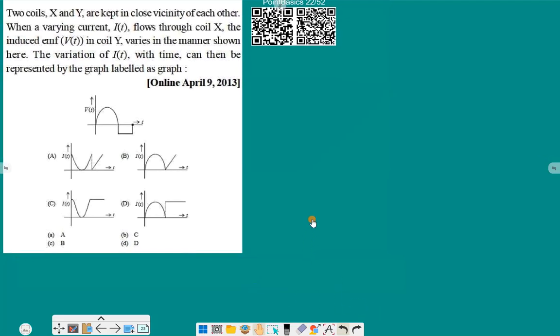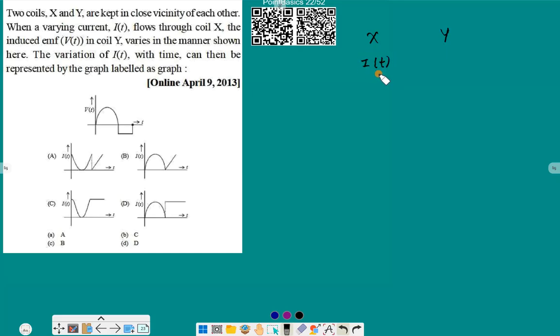Now, suppose we have a current I flowing. We have two coils, coil X and coil Y. In Y we have an induced EMF, and in X we have some current. Now suppose the value of current flowing in X is IT.